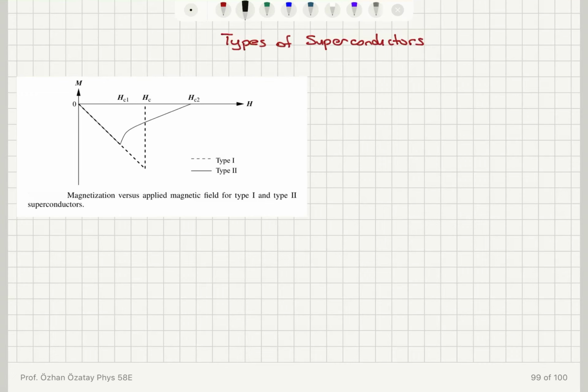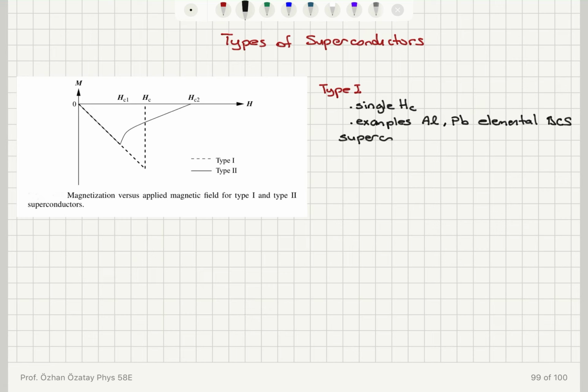Now we have two types of superconductors that we should mention. The type 1 superconductors are characterized by a single critical field. Examples include aluminum, lead. These are elemental BCS superconductors.